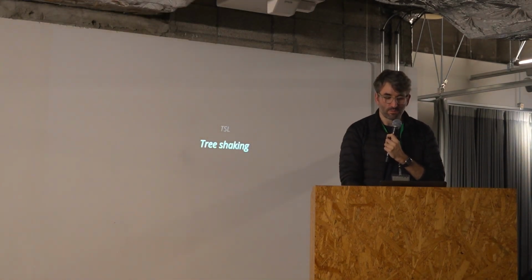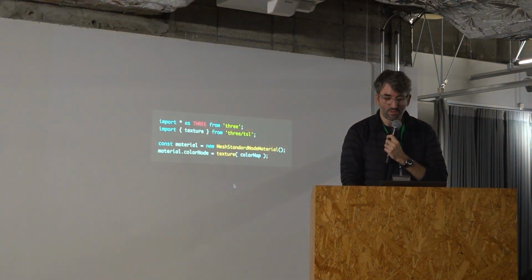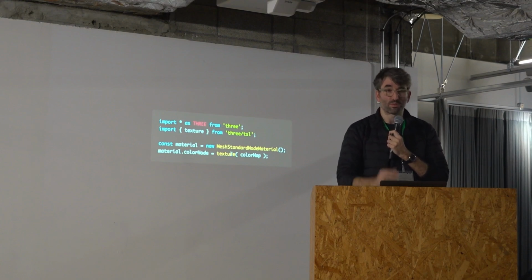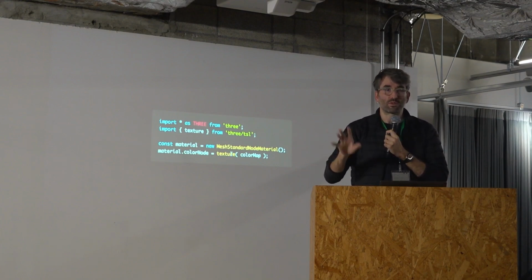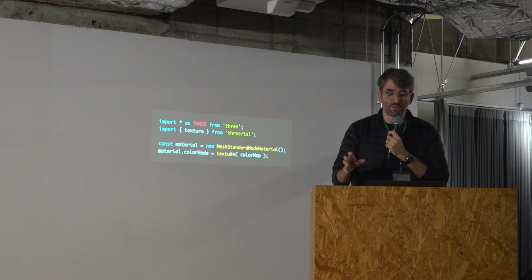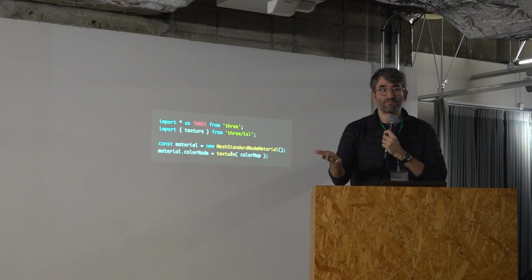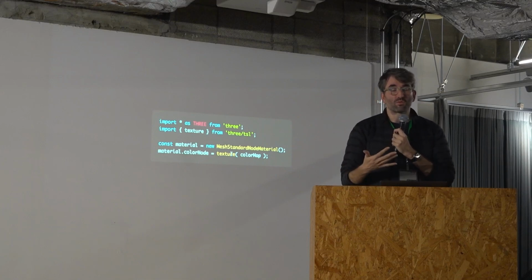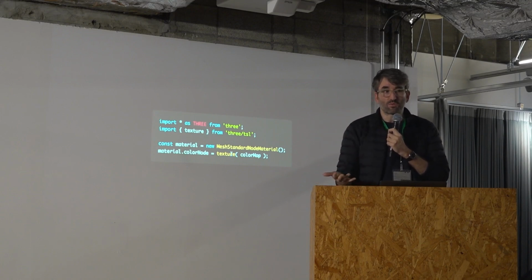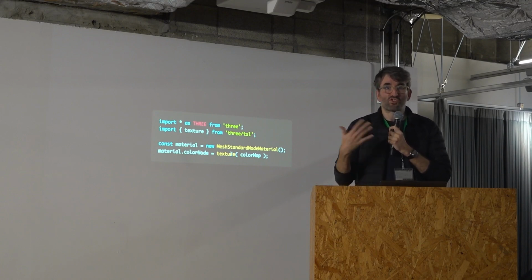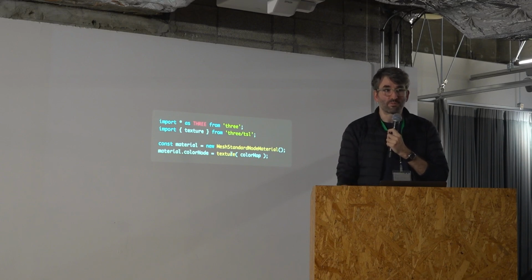One of the big benefits of TSL is actually tree shaking. Before, with the WebGL renderer, all the materials, for standard, for lines and everything, all the shaders were inside the WebGLRenderer. The way that I architected it, there was no way to tree shake all these shaders that you're not using.